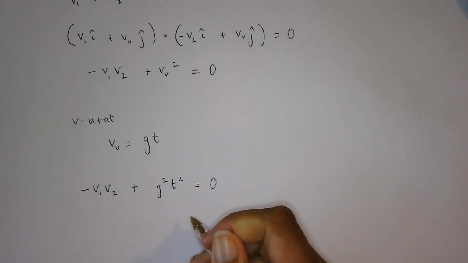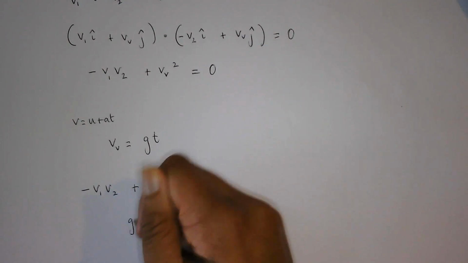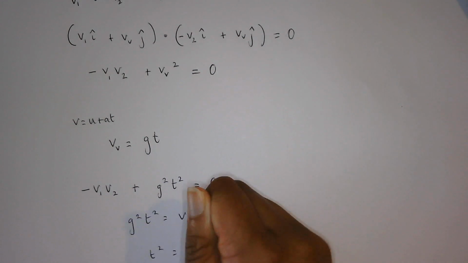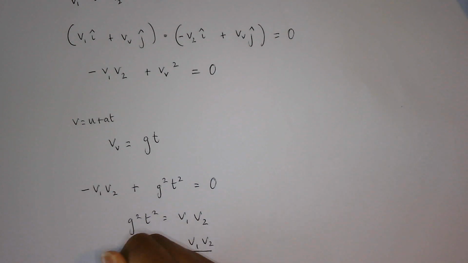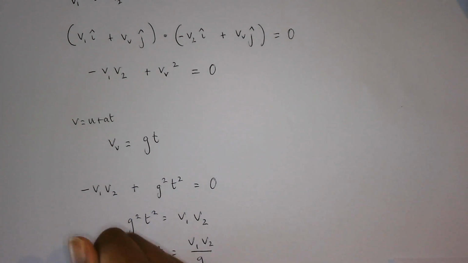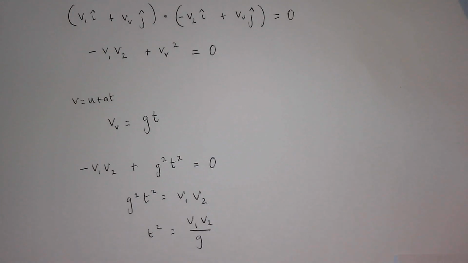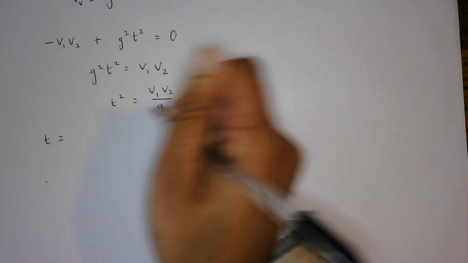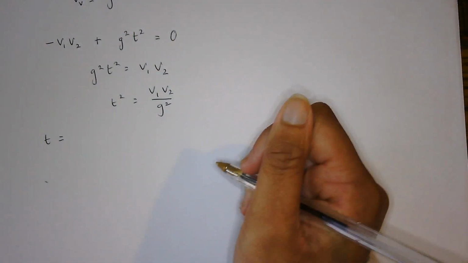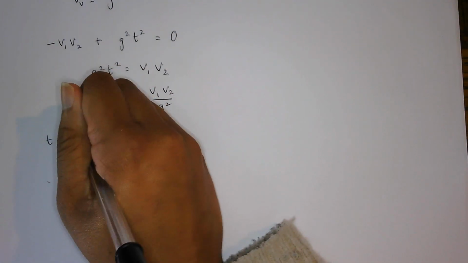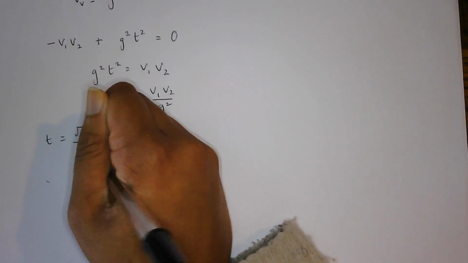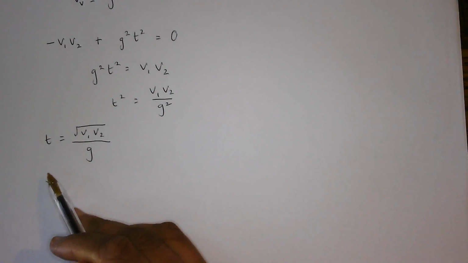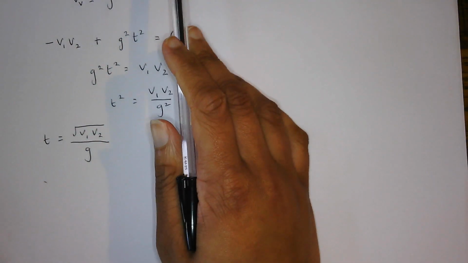And then if we solve for t, g squared t squared equals v1 v2, so t squared equals v1 v2 over g squared. Sorry, that was g squared. So t equals the square root of v1 v2 over g. This is the main result of doing all this.